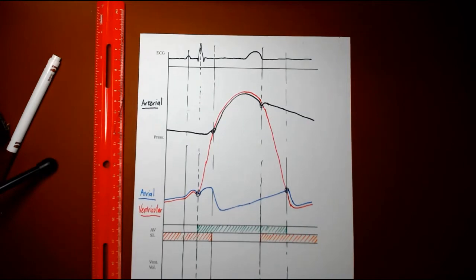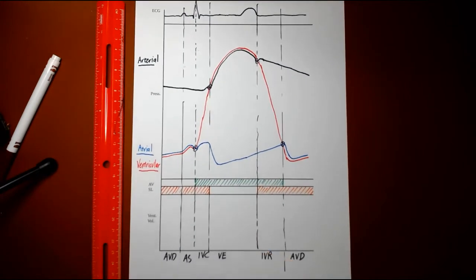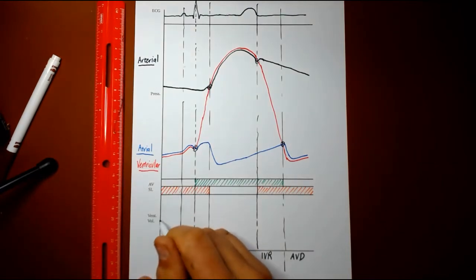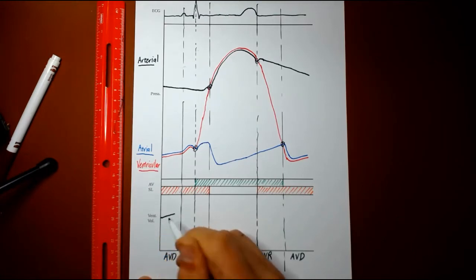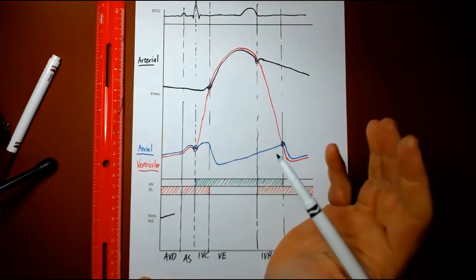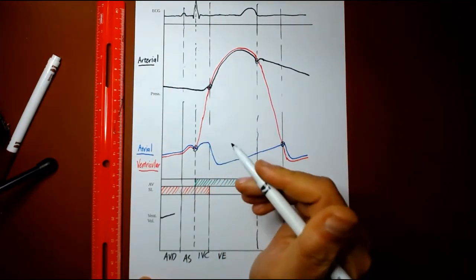Now that we've added the ECG, we can look at how much blood is in the ventricles, which is the last part of this Wigger's diagram. For right now, just take my word for it that I'm going to start with the amount of blood in the ventricles fairly high, and it should be rising somewhat. This is because during atrial and ventricular diastole, blood is coming to the atria from the veins and then draining into the ventricles from the atria.